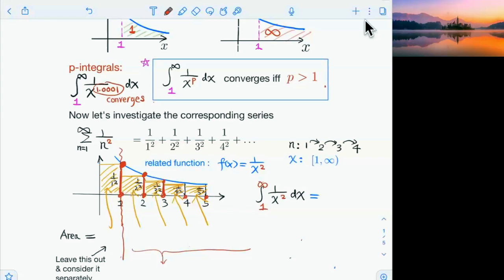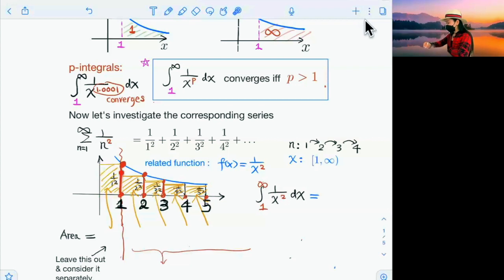I'm going to ask you, what's the area for this first rectangle? It's one. Remember, this is 2, this is 3, this is 4, and this is 5. So it's going to be the height multiplied by the width to get the area of this rectangle.